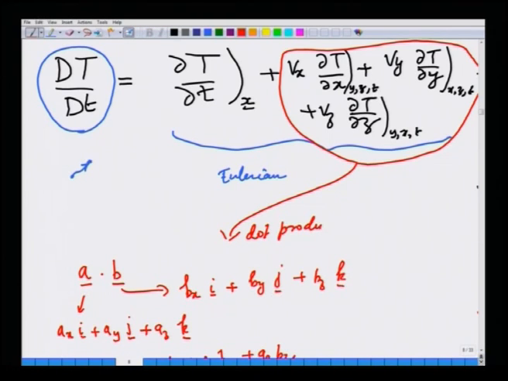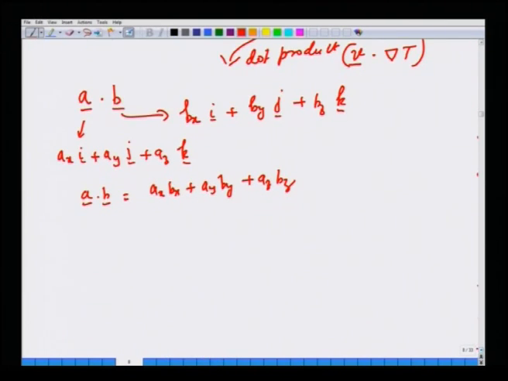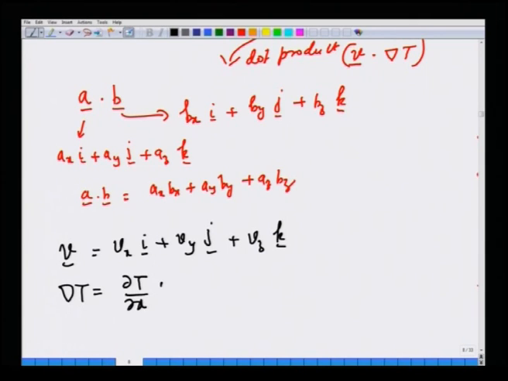of two vectors. One vector is the velocity, the other vector is the gradient of temperature. Okay. Let me just explain how this comes about. If you look at velocity, this is Vx i plus Vy j plus Vz k. You look at the gradient of temperature, it is nothing but partial T partial x i plus partial T partial y j plus partial T partial z k.